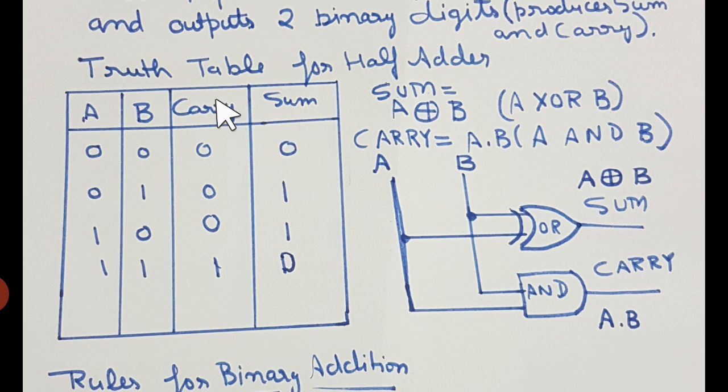Now we focus upon one output column, that is carry, and try to find out which boolean operation it is performing. Now 0 0 0 1 for the outputs 0 0, 0 1, 1 0 and 1 1. That means when all the inputs are high or 1, the output is 1.